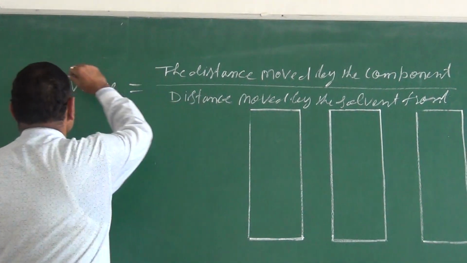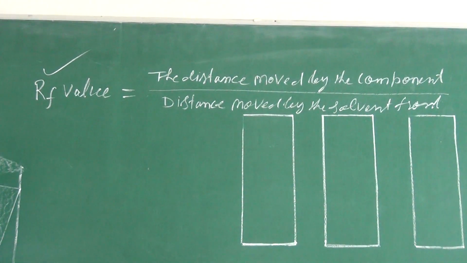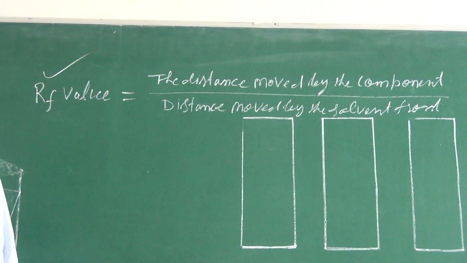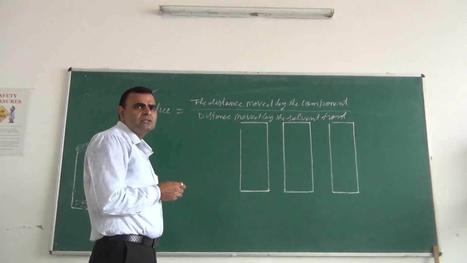So this is the RF value. In RF value, we determine the distance moved by the component and the distance moved by the solvent front.